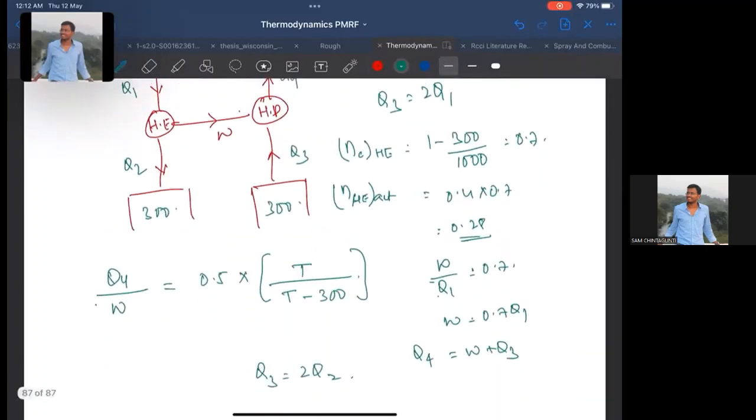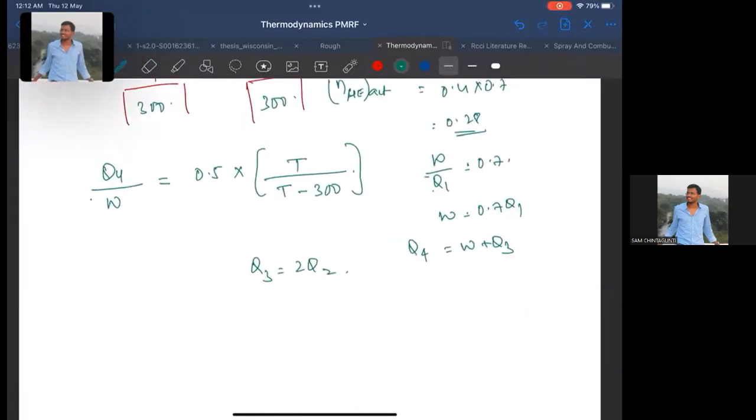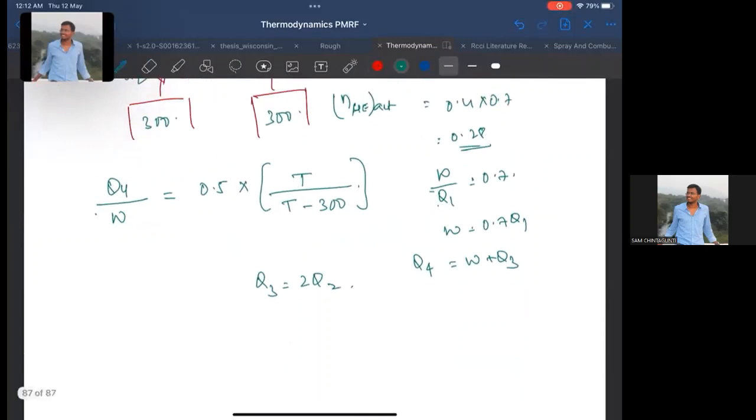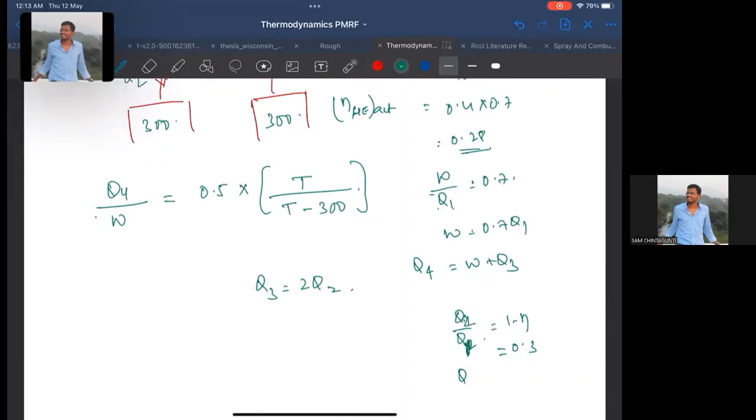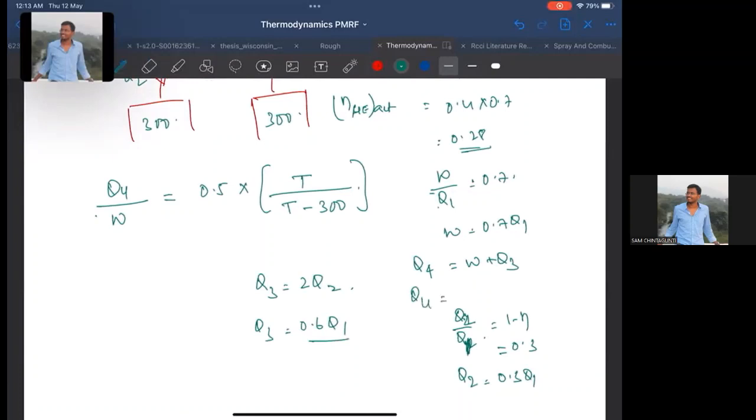And Q2 by Q1 is equal to 1 minus efficiency, which is 0.3. So Q2 is equal to 0.3 Q1. So Q3 is equal to 0.6 Q1. So Q4 is equal to W plus Q3, which is 0.7 plus 0.6 Q1, that is 1.3 Q1. So now you have got Q4 is equal to 1.3 Q1.